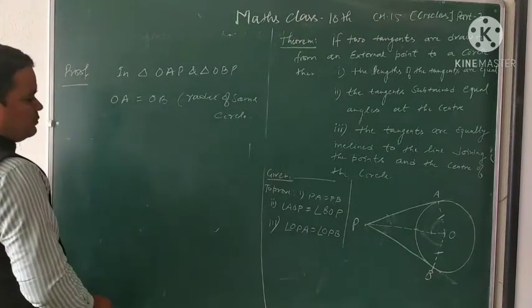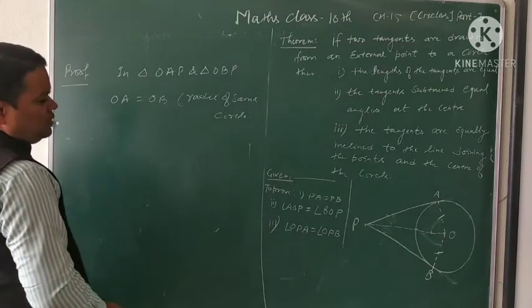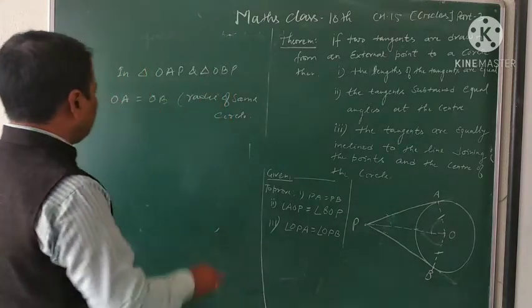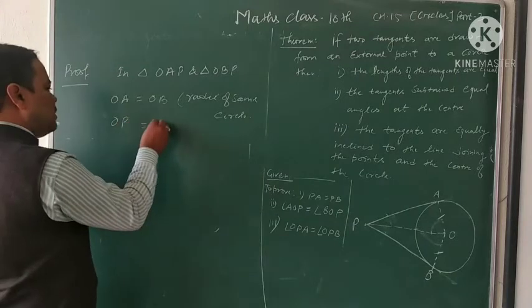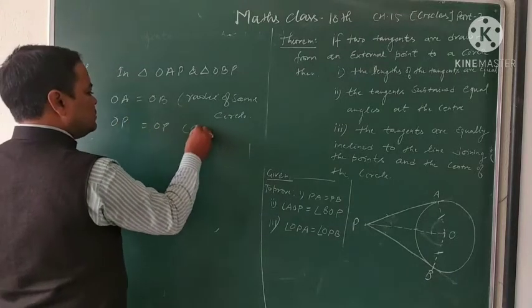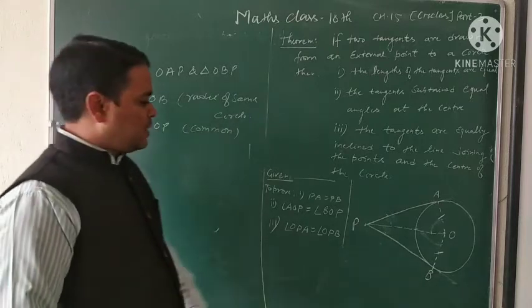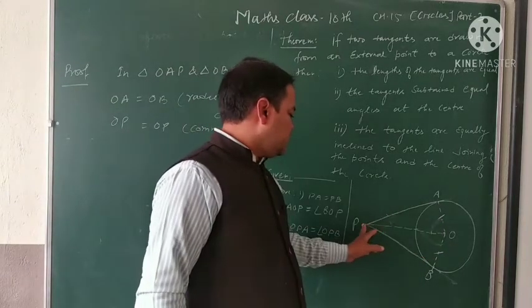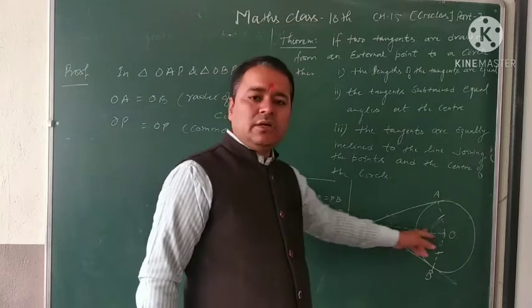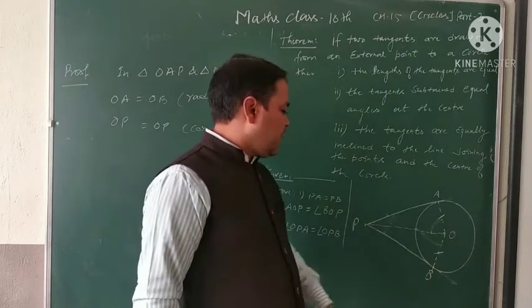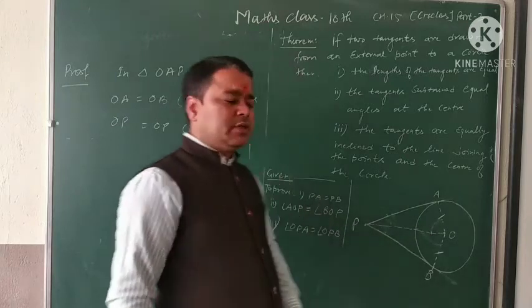Again, we can write that OP is common in both triangles. OP is one side of triangle OAP, and in triangle OBP also OP is a side.